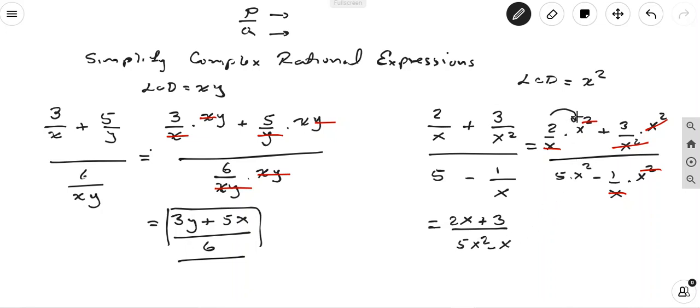So 2x multiplying these two plus 3, then 5x squared here on the bottom, and then 1x multiplying these two factors. We have a common factor x in our denominator, so we're going to factor x out. So we have 2x plus 3 over x times 5x minus 1.